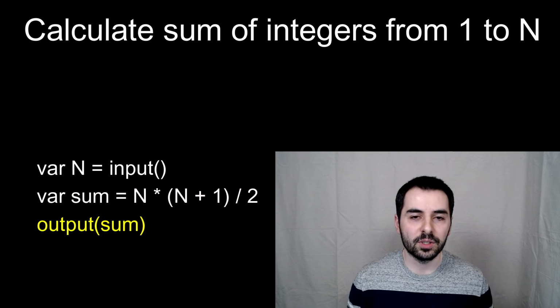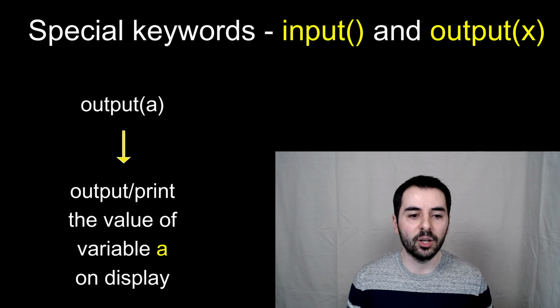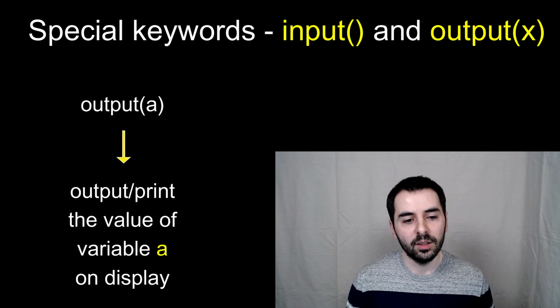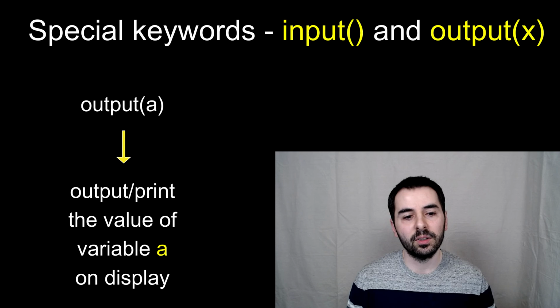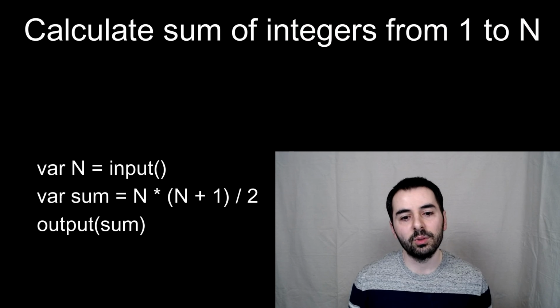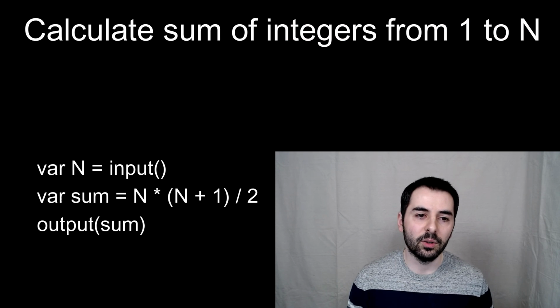And then at the end, we just output that sum. Let's agree that output is another keyword we'll keep using to keep our samples language agnostic. So we'll assume output is whatever you provide in the parentheses, it will just print it on the screen. So we'll take input, we'll calculate the sum, and then print on the screen.